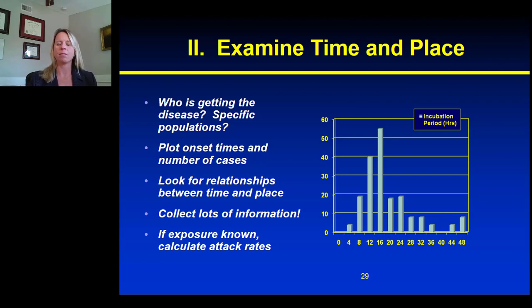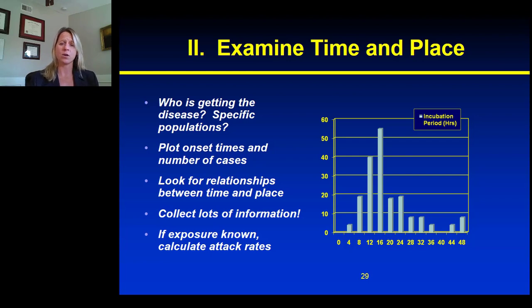If they're unrelated, then that will help us to better understand if we have a common source or a point source sort of spread. If people are not in the same vicinity in the same time, then we don't have a common source infection, for example.